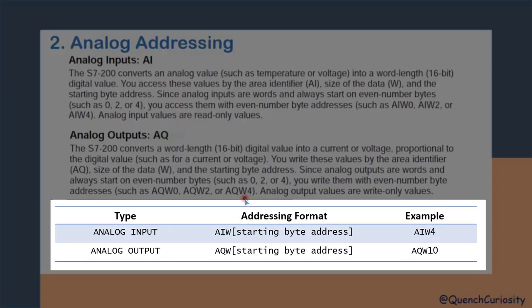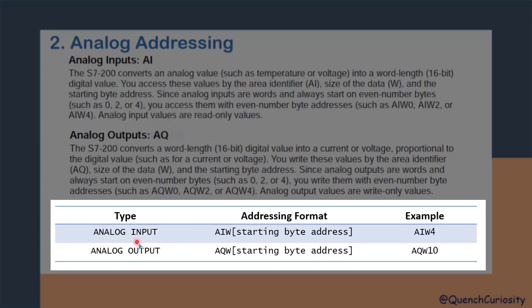The table you see will give you an idea of the addressing format. However, we know that the S7-200 model's analog input and analog output are going to play around with the word address only. Still, just for clear understanding, in the table we can see the addressing formats.